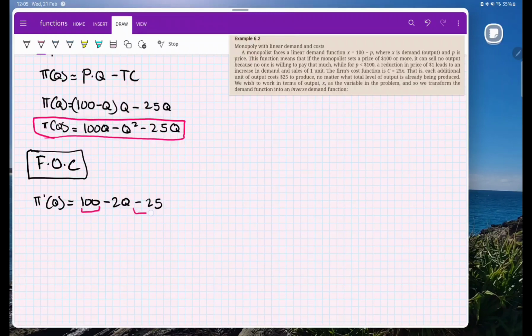Combining like terms, set that equal to 0 always. You will get 75 minus 2q.